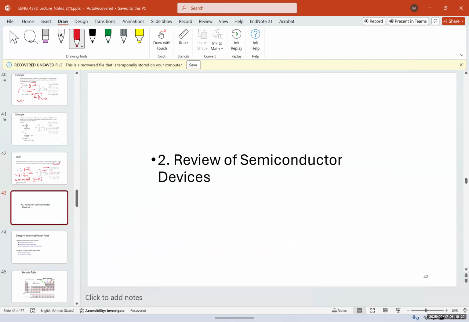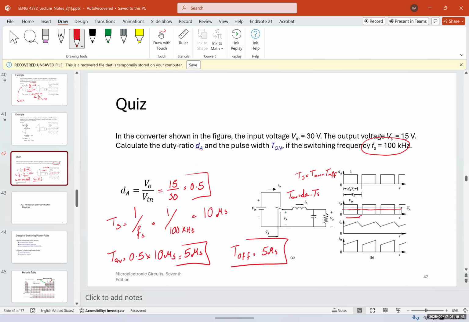Okay. So in today's class, we will do a review of semiconductor devices, which is a very important part of the converters and switches. We learned that to convert DC to DC, the best way to have the highest efficiency is to use a switch.